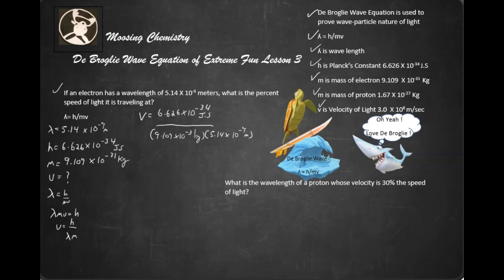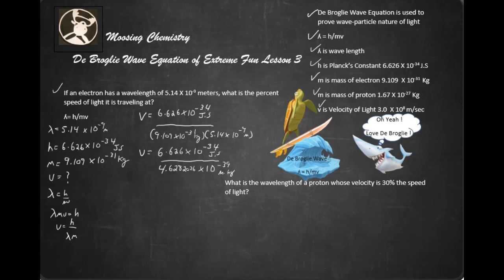So v is going to equal 6.626 times 10 to the negative 34 joule seconds over, we multiply the two bottoms together, and you get 4.682026 times 10 to the negative 39, and that's going to be meters times kilograms.